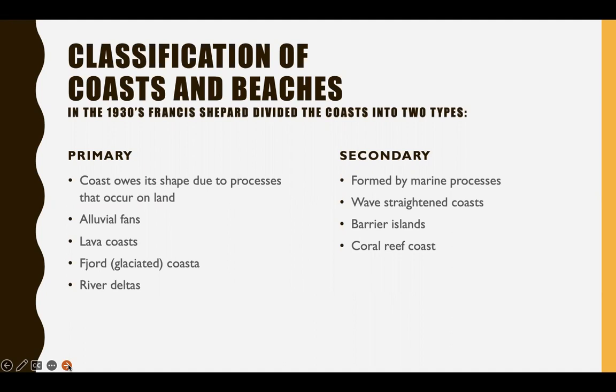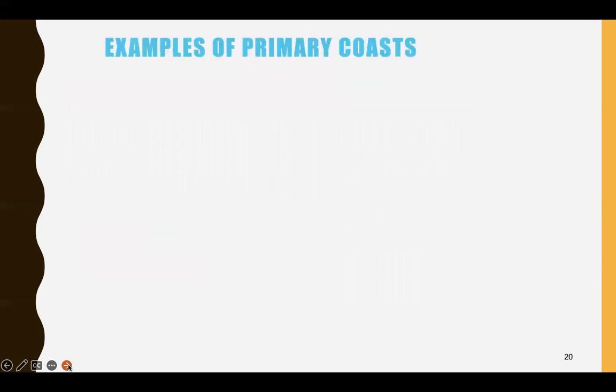And then secondary beaches are formed by marine processes, like waves that straighten out the coast, barrier islands, like we have on the East Coast, and then the coral reefs, which created a separate kind of coastline. So some primary examples are a drowned glacial valley or a drowned river valley. That's what happens when there's erosion.